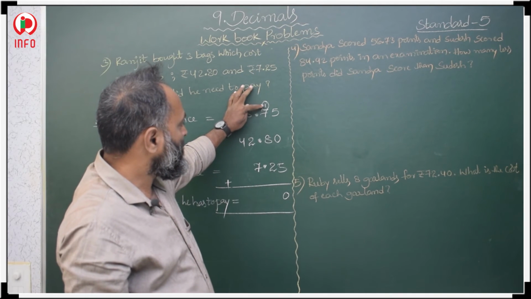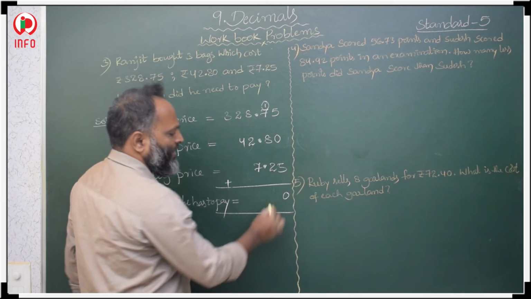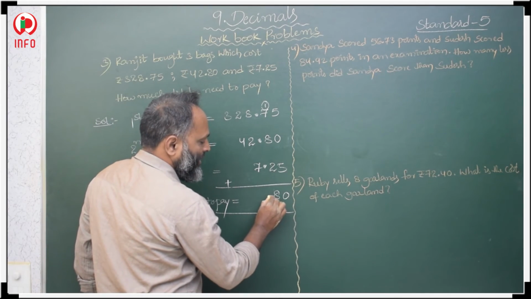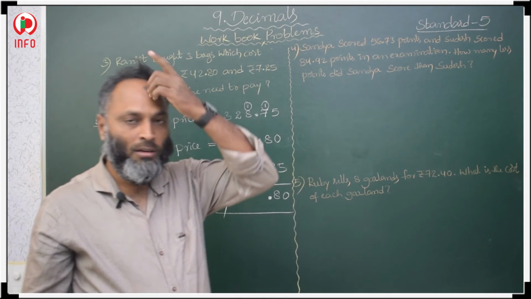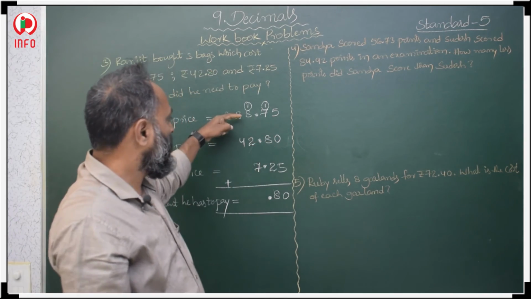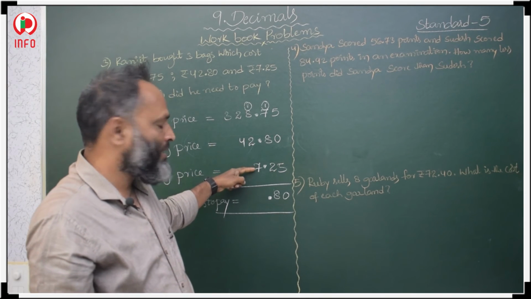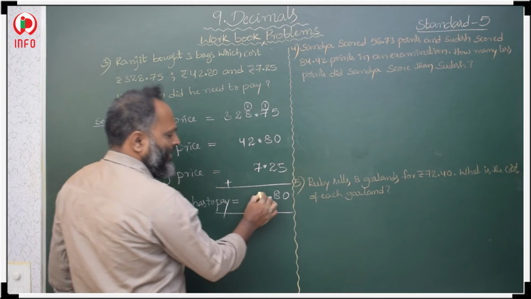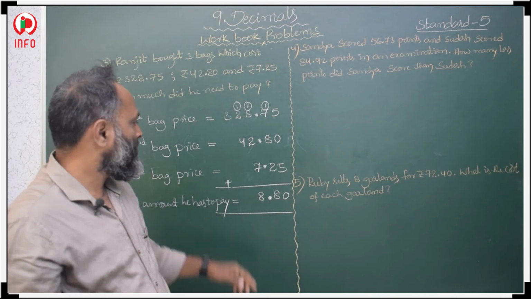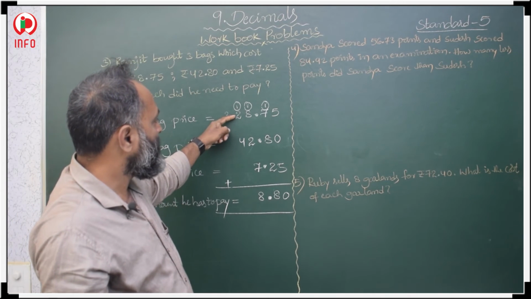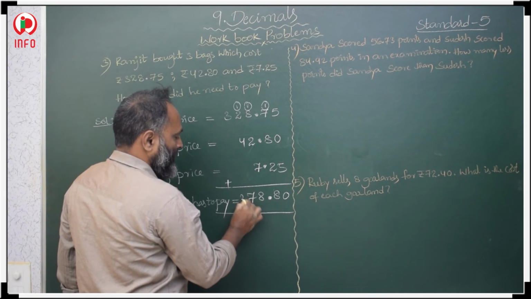Then 7 plus 1, 8 plus 8, 16 plus 2, 18. 8 in the 10th place, and after that the decimal point, and 1 we should carry over to the 1's place. 8 plus 1, 9 plus 2, 11 plus 7, 18. 8 in the 1's place, and 1 we should carry over to the 10's place. Then 4 plus 2, 6 plus 1, 7. Then after that 3.